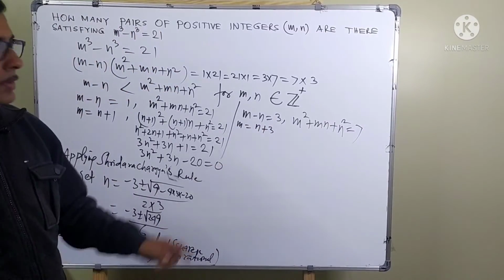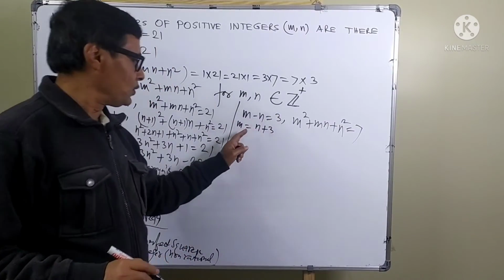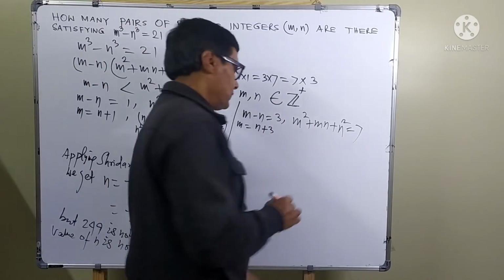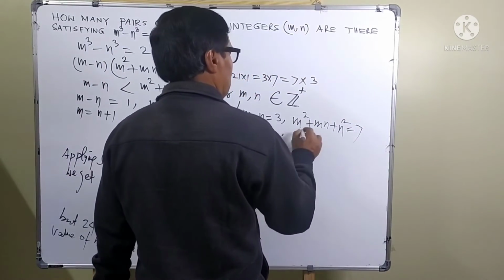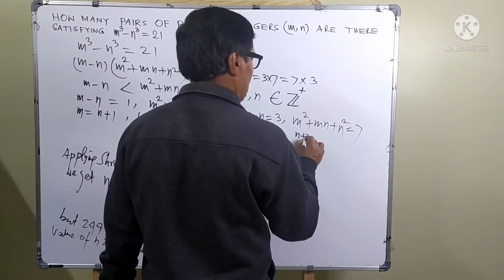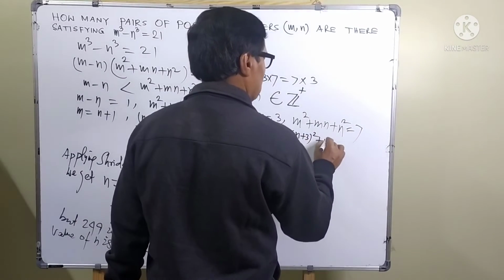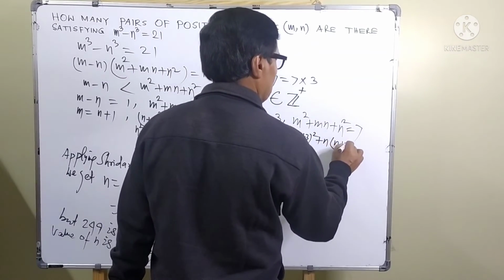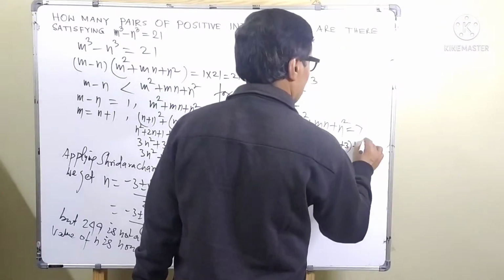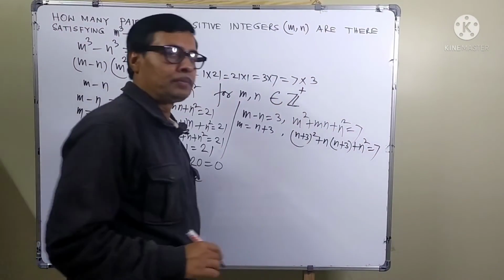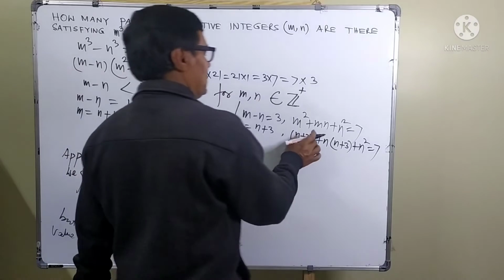We put this value in the equation, so we get (n plus 3) square plus (n plus 3) n plus n square is equal to 7. Now, we can expand this square.